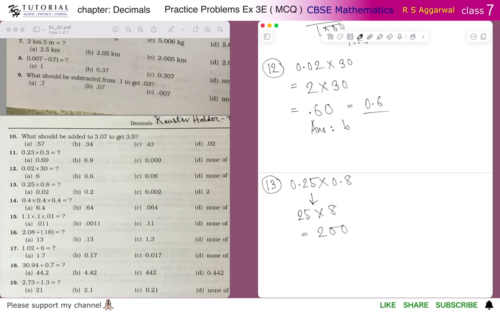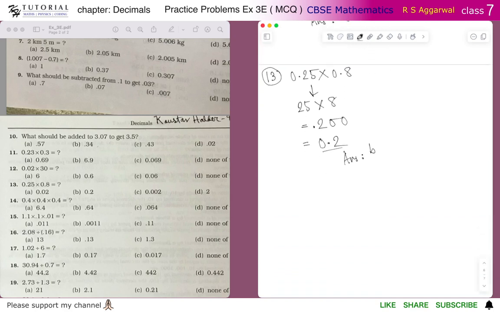Now 0.25 has 2 decimal places and 0.8 has 1 decimal place. So the decimal places of 200 should be 3, and so the decimal point will be here. So the answer is 0.200, or 0.2, and this is the result. So the answer will be choice B, 200.